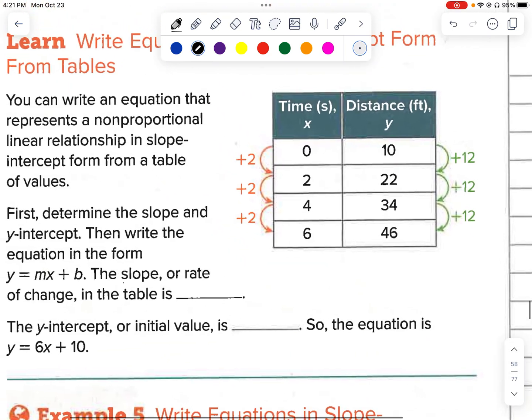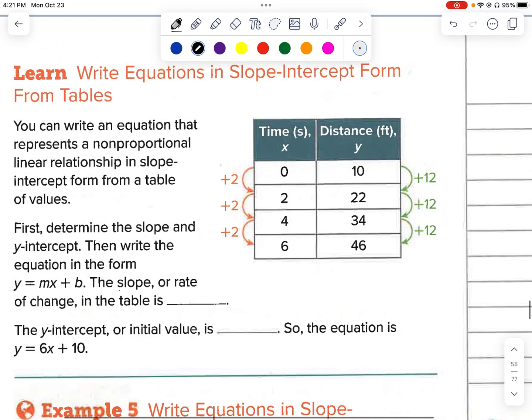Okay. Now, if I'm doing it from a table, it's really great. If we have a table and they have 0 for the x, it's already there for you guys. It's already there. So then I have to find my slope.